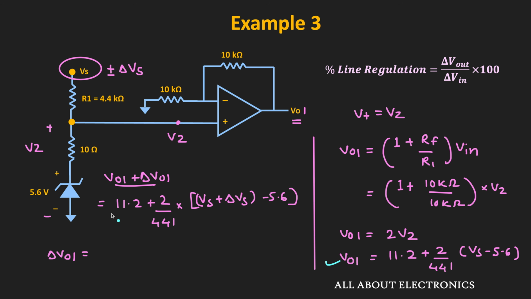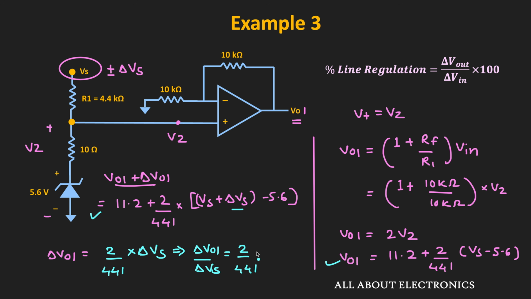And if we subtract these two equations, then the only term that will remain is this delta Vs. So we can say that this delta VO1 is equal to 2 divided by 441 times delta Vs. That means due to the change in the supply voltage, the change in the output voltage can be given by this expression. Or we can say that delta VO1 divided by delta Vs is equal to 2 divided by 441.